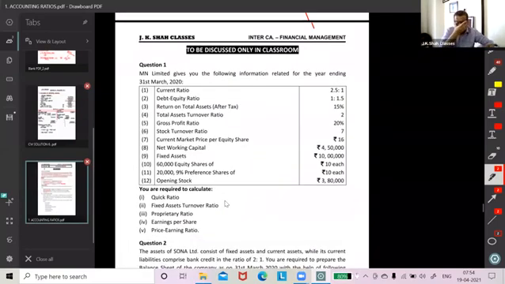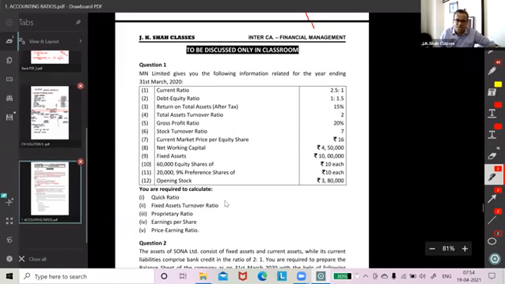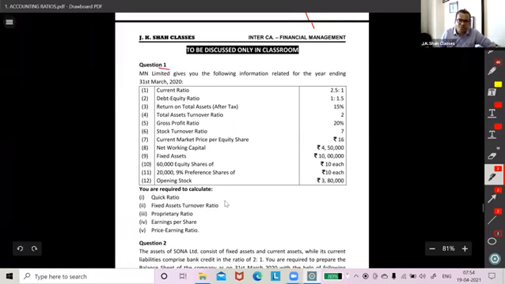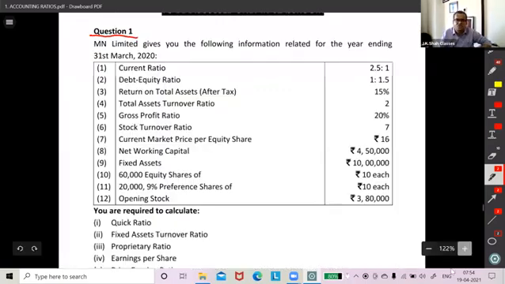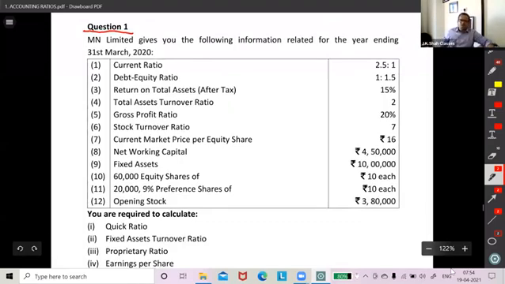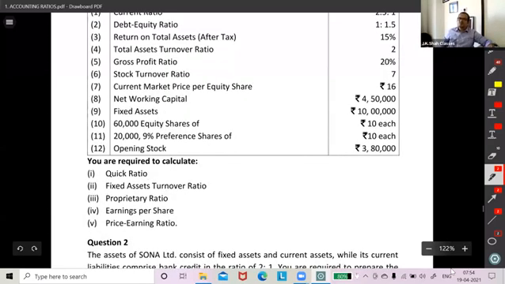Let's go to question number 1 to be discussed in class. See, a lot of information is there. So what you need to do is read it properly and calculate all the values. See, what you've been asked, you're not asked for making any balance sheet or P&L. You're asked for simple ratios. We'll just write the formula.